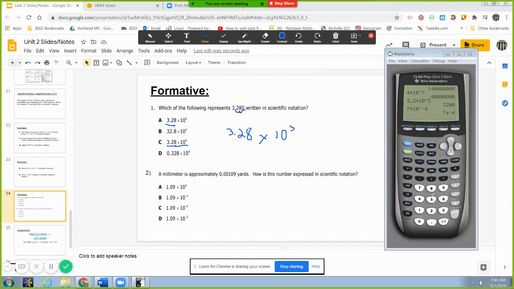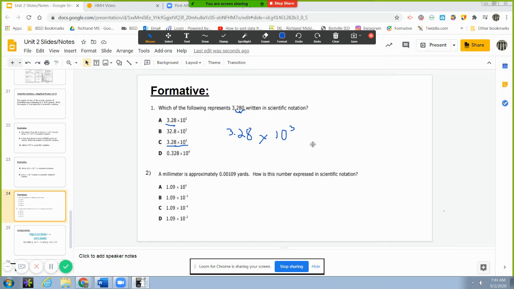And we have 3.28 times 10 to the 3rd power. 3,280. There's our number. And this last one, let's convert this. And we can see this is a really small number because it has the zeros in the front.